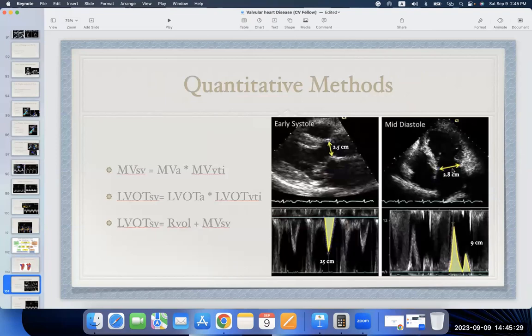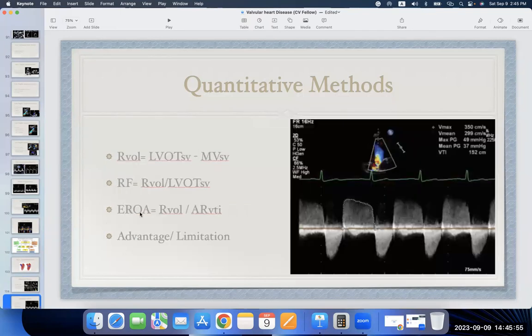Again, you calculate the area of the annulus multiplied by the VTI, you get the stroke volume across the mitral annulus, and then also calculate the LVOT stroke volume by calculating the area multiplied by the VTI. And then you will say that LVOT stroke volume equals the regurgitant volume plus mitral valve stroke volume. And then if you subtract, you will get the regurgitant volume.